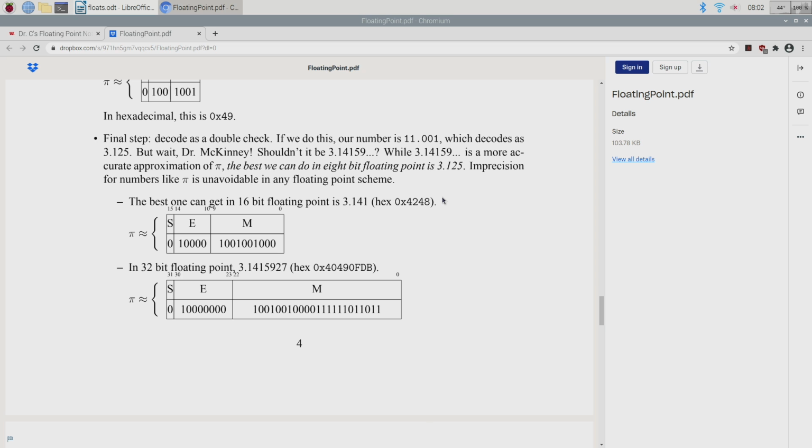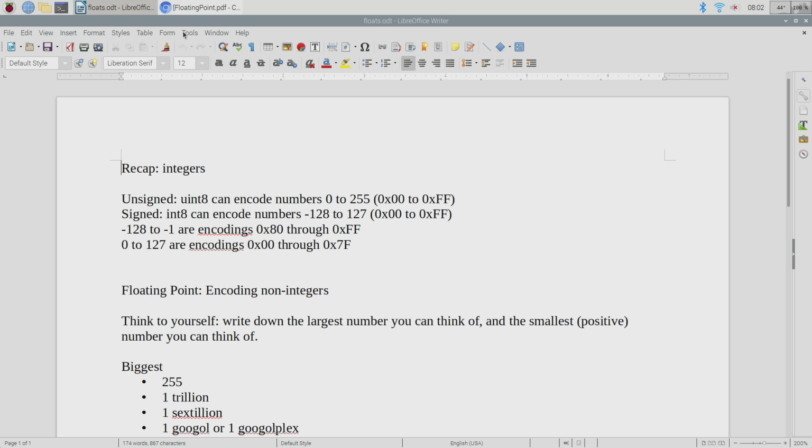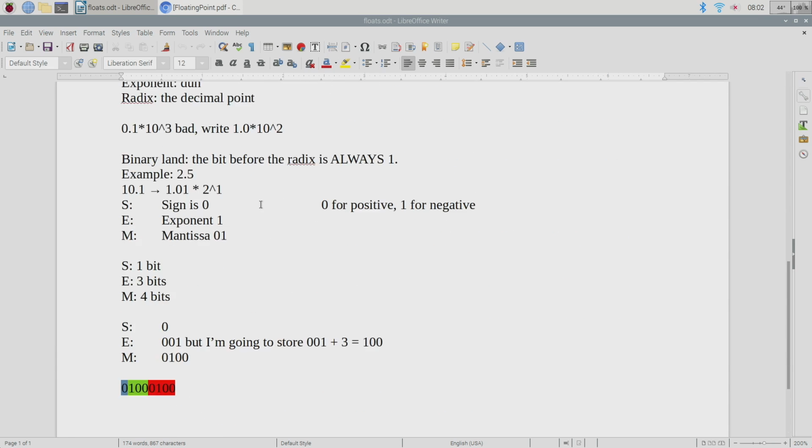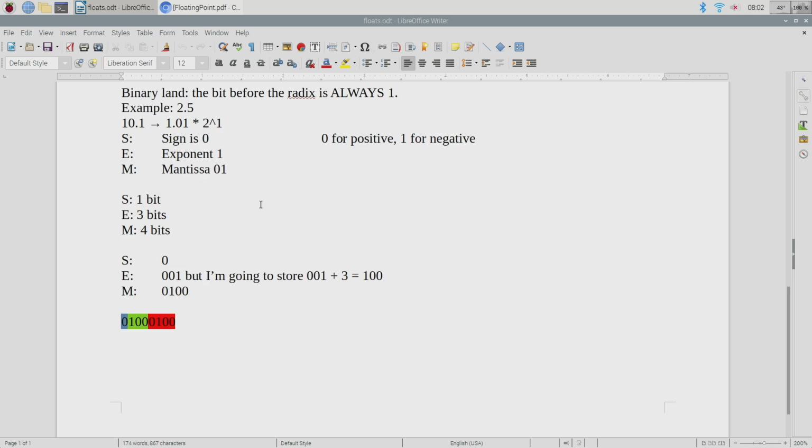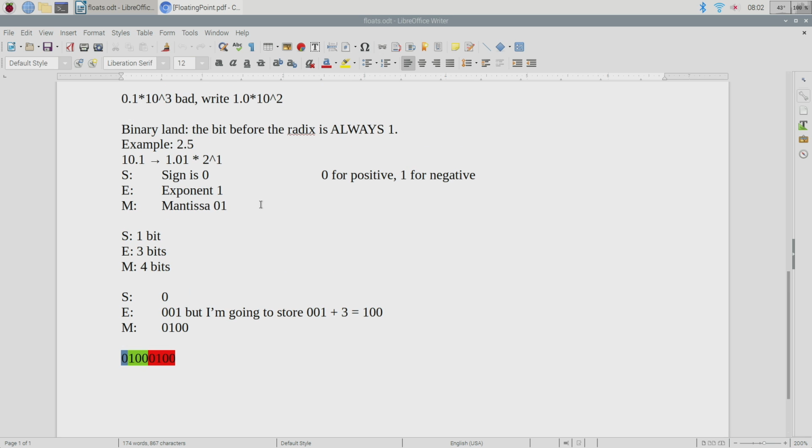Let's get back to it. Just to recap, what we basically want to do is first take whatever number you want to encode and write it as a binary decimal, sort of math class style.